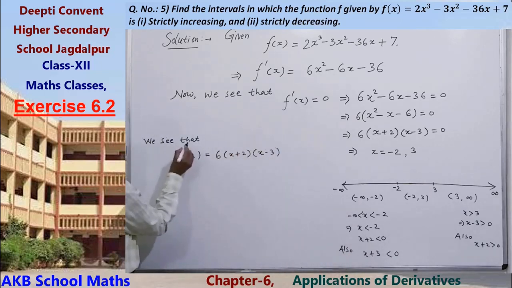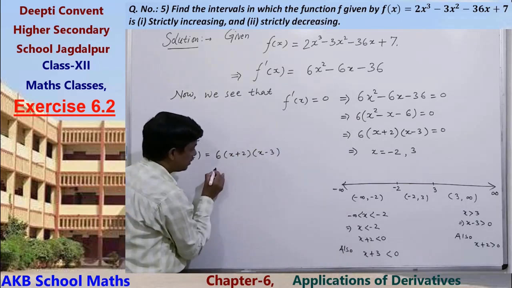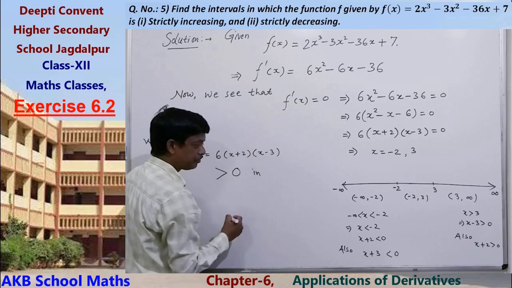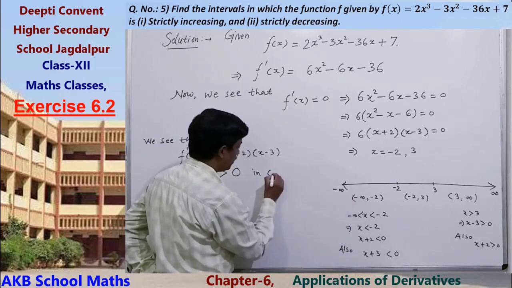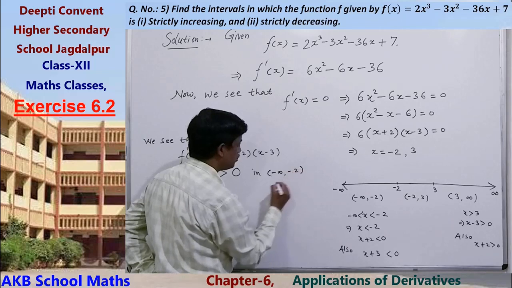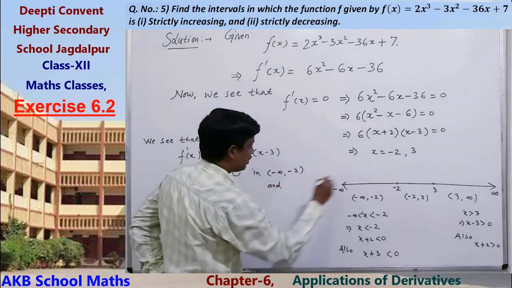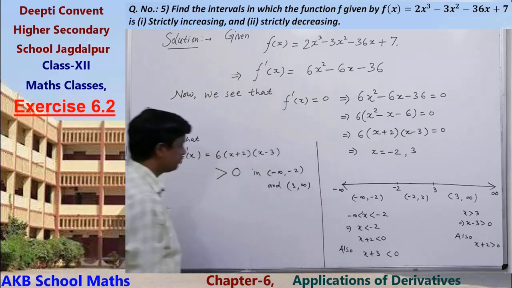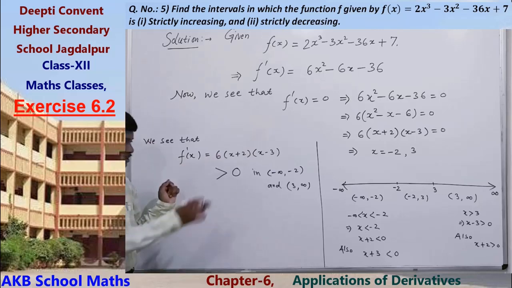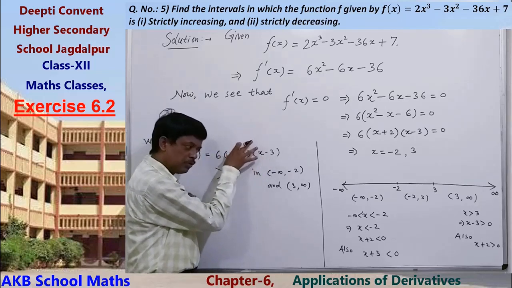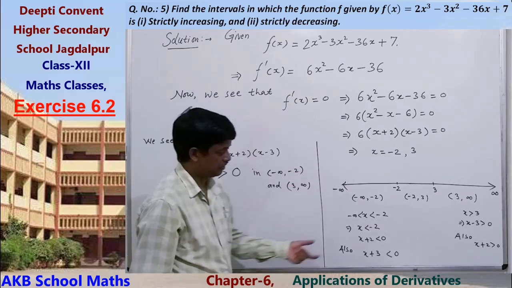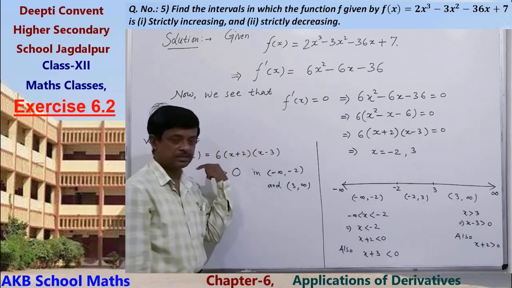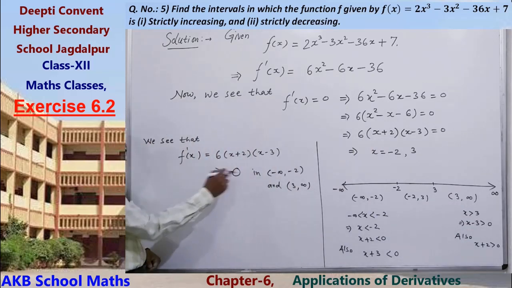So we see that this is greater than 0 in the intervals minus infinity to minus 2 and 3 to infinity. Both negative or both positive gives a positive product, and 6 is also positive. So the derivative is positive.